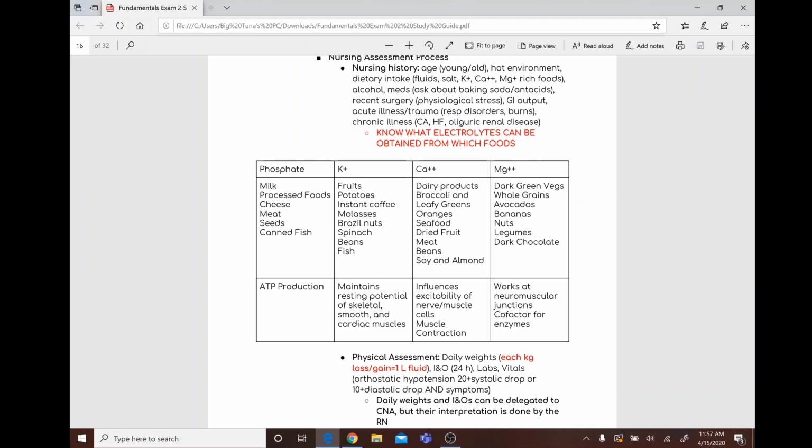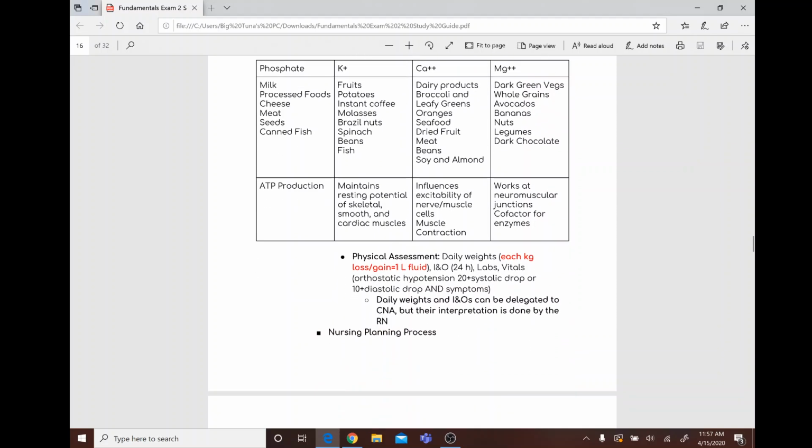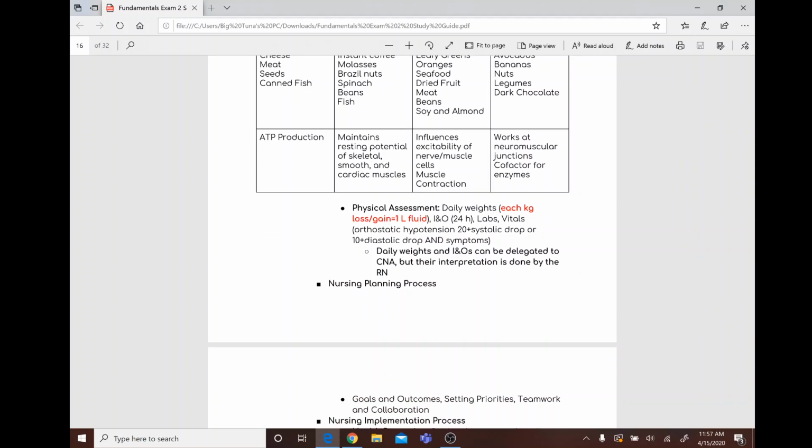Dark green vegetables, whole grains, avocados, bananas, nuts, legumes, dark chocolate. What is the function of magnesium? Works at the neuromuscular junction, cofactor for enzymes. What are some of the physical assessments we can do for F&E? Daily weights, I&O, labs, vital signs, stuff like that.